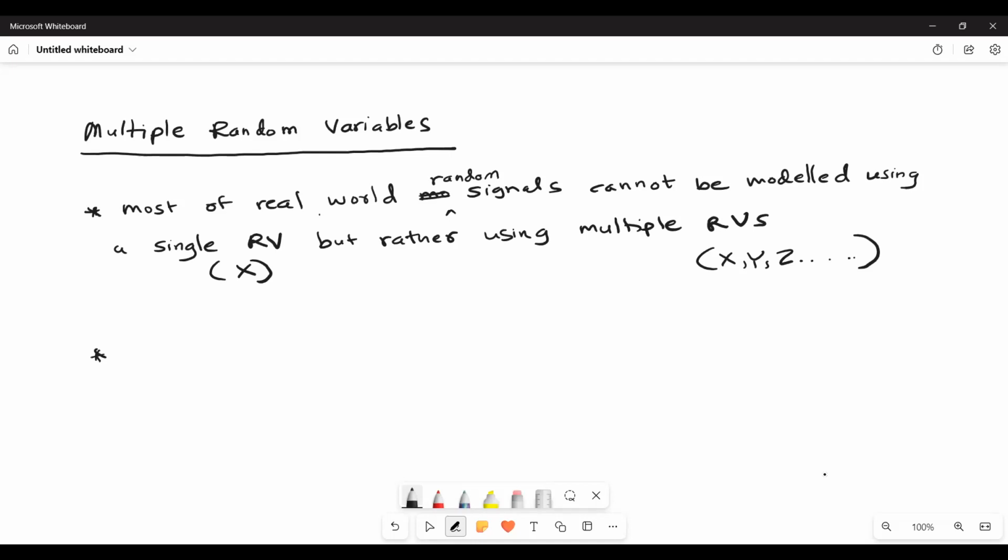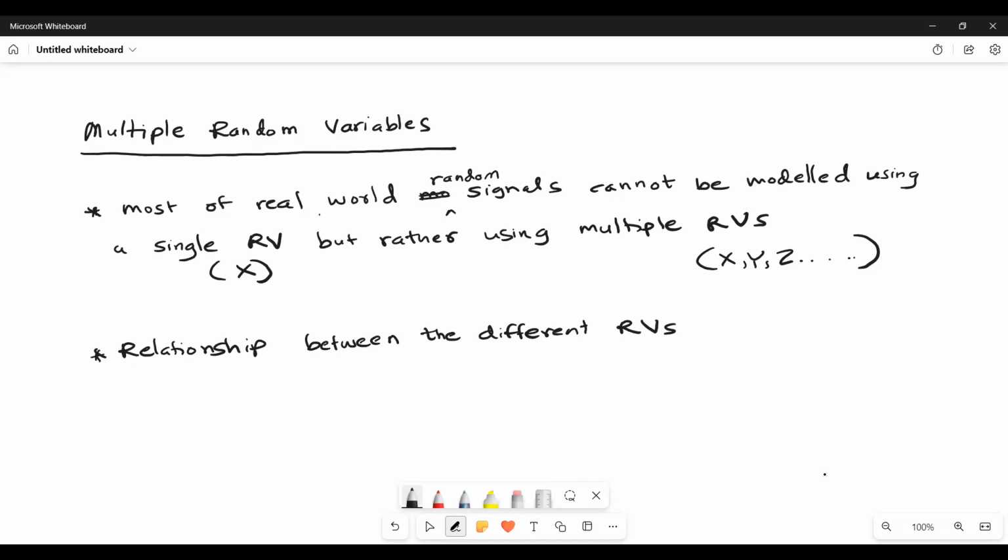Having this knowledge of multiple random variables allows us to find the relationship between the multiple random variables that are in consideration, the correlation and the dependency between the different random variables.